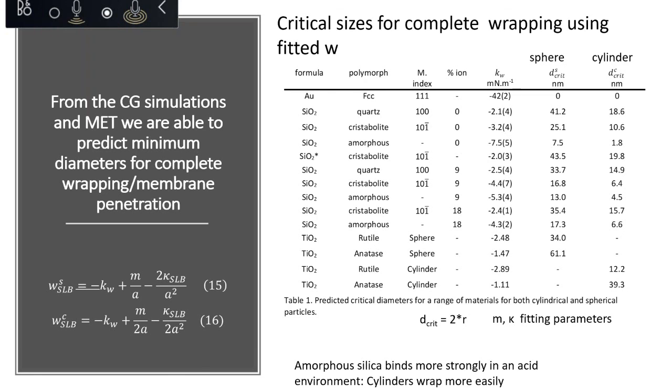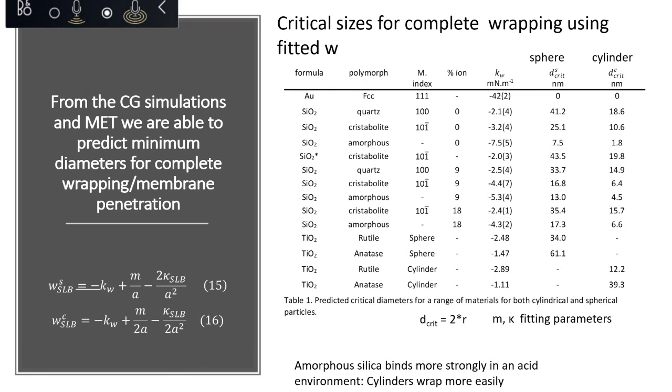Gold always wraps. The kW is so strong that all the gold nanoparticles would wrap. But then as you go to silica, for example, we find that quartz won't wrap until the diameter is around 40, but the amorphous silica does at 7.5.